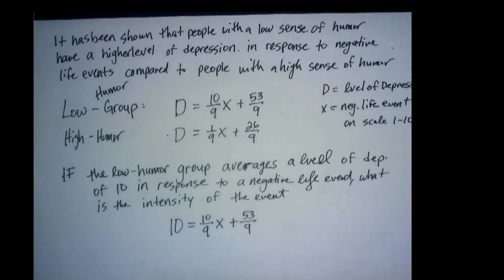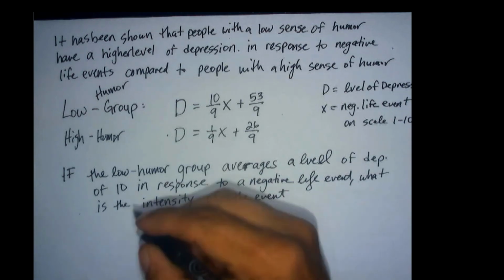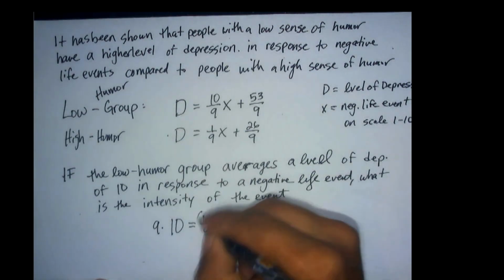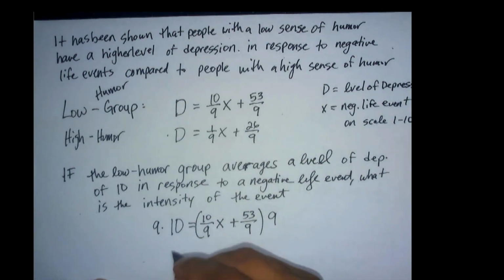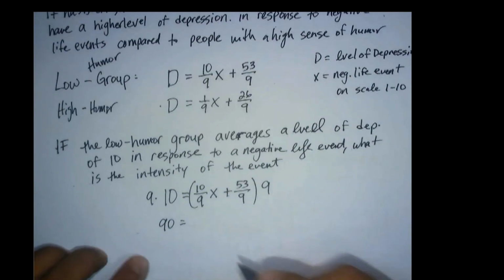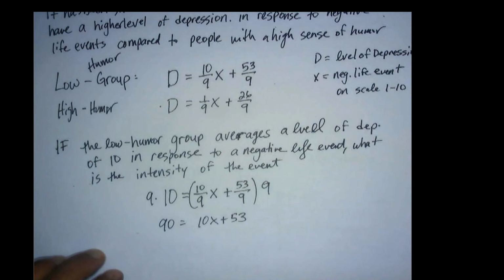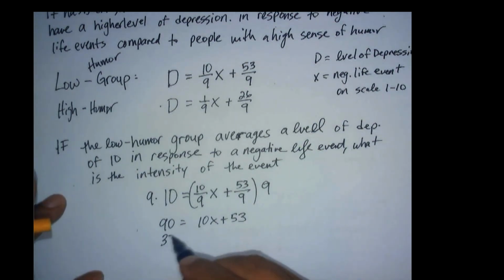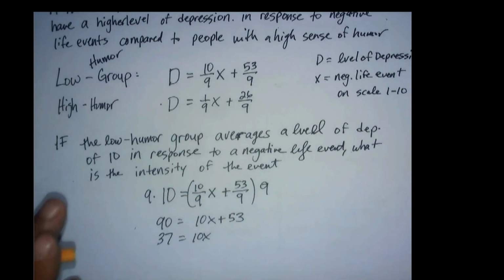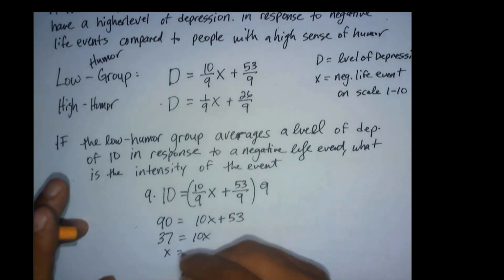So 90 equals 10, yep, because the 9's just cancel, X plus 53. Subtract 53 from both sides. It gives me 37 equals 10x. And x equals 3.7.